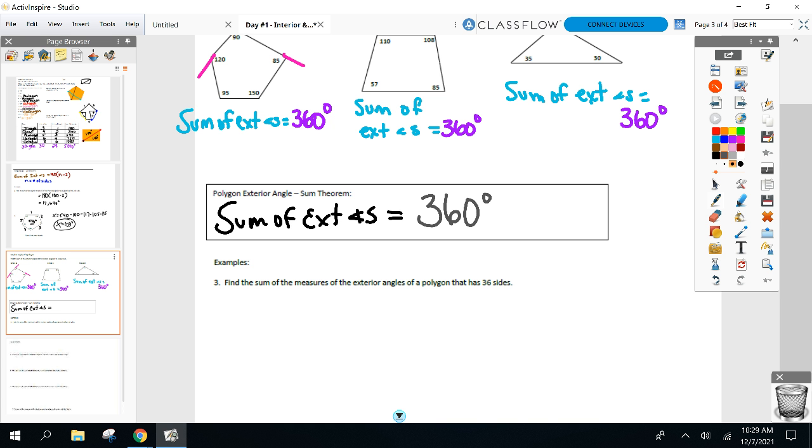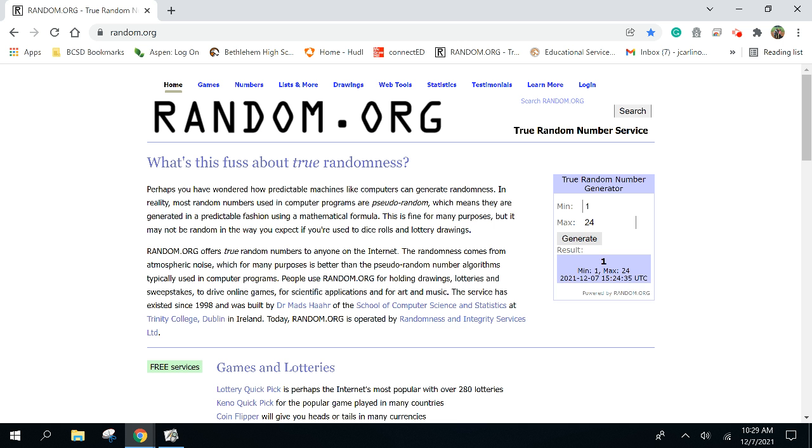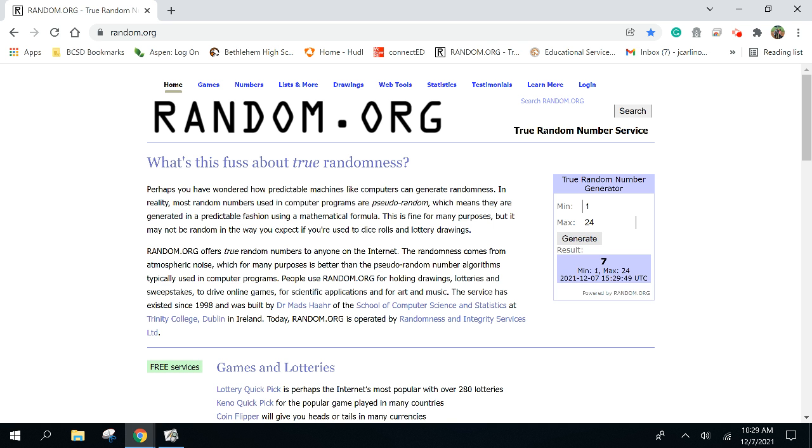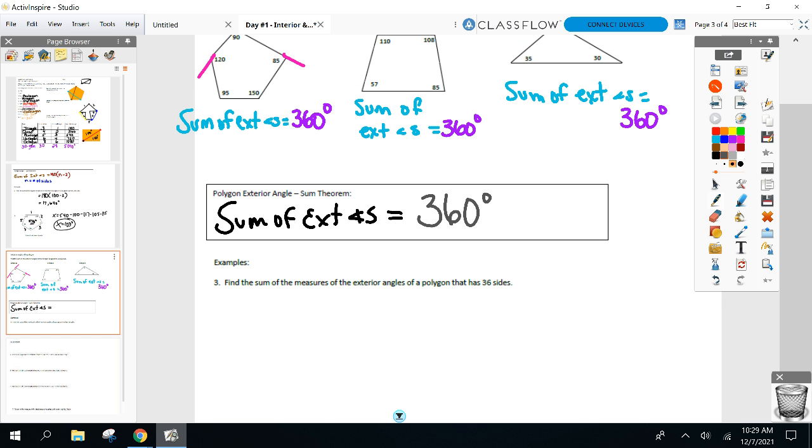Okay, I think we've got enough time. 36 sides. What's the sum of the exterior angles going to be? 14. Sum of the exterior angles? Yep. 7. Sum of the exterior angles? Yep. I don't care what I change that 36 to. It's always going to be 360.